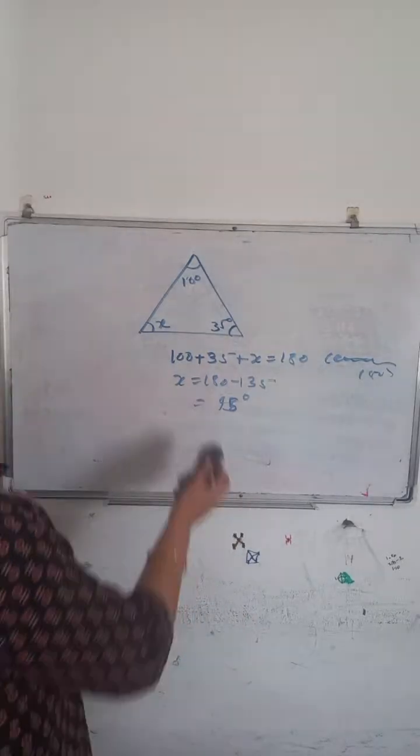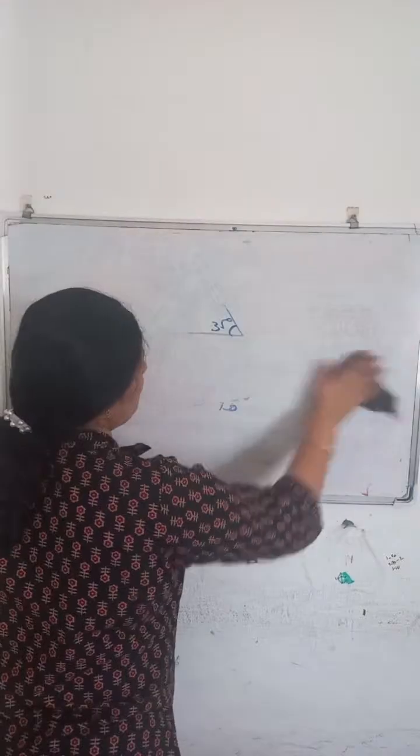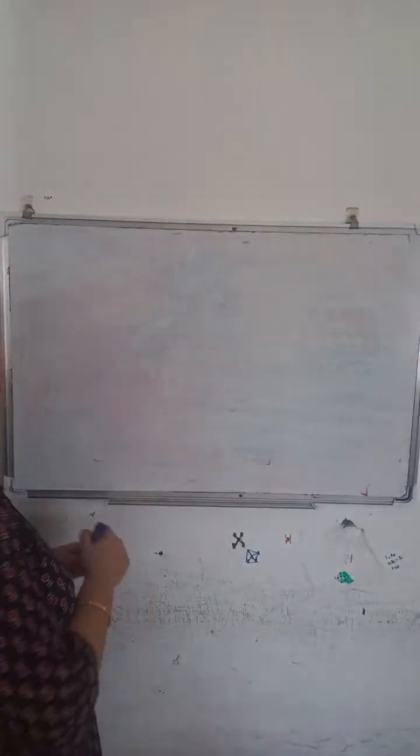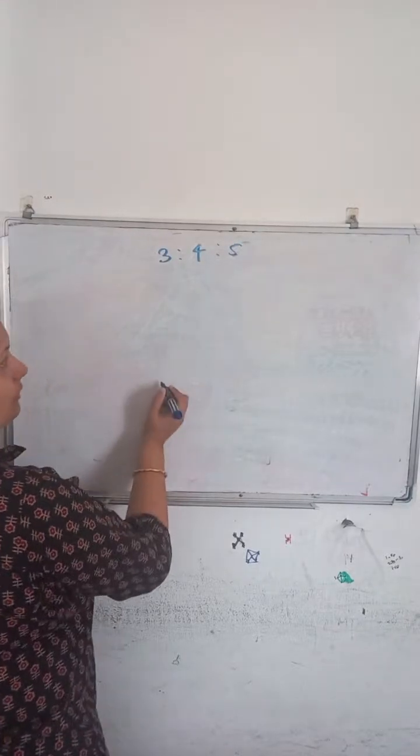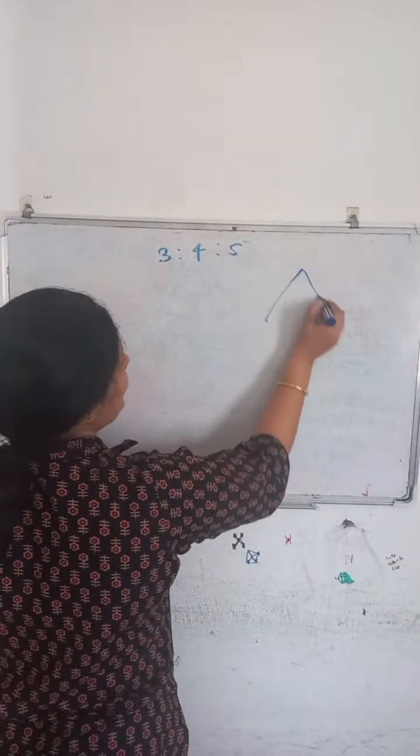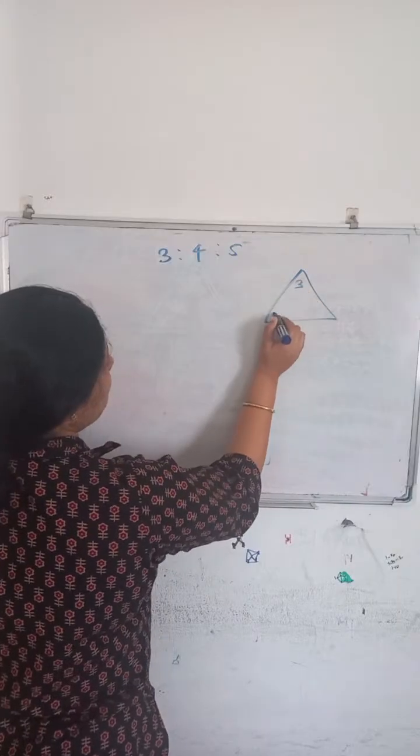Okay, so the ratios they mention here are 3:4:5.